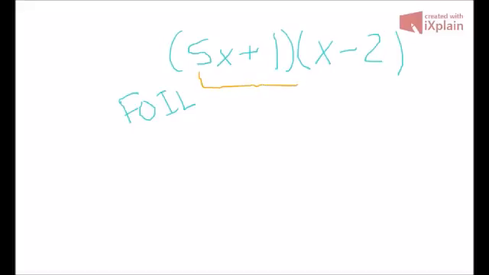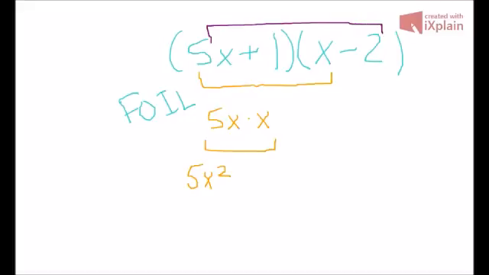The first terms are 5x and x. So 5x times x, which would give you 5x squared. The outer terms would be 5x and 2. So that'd be 5x times minus 2, which would give you a minus 10x. The inner terms would be 1 and x.